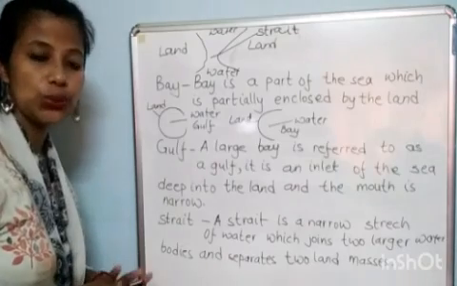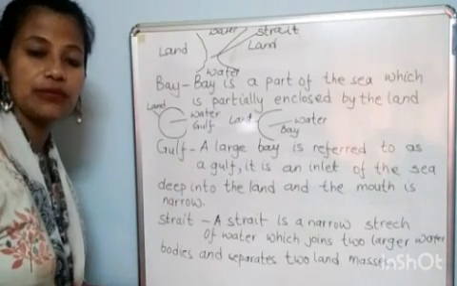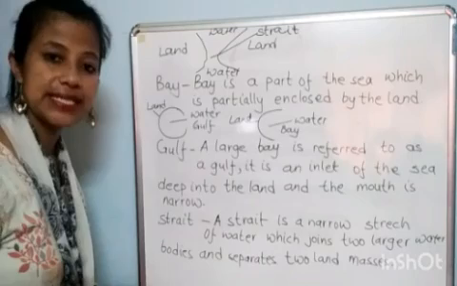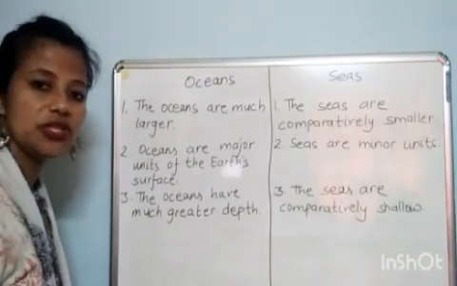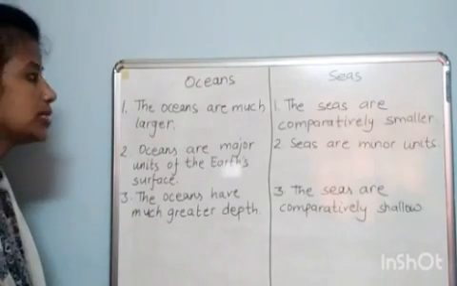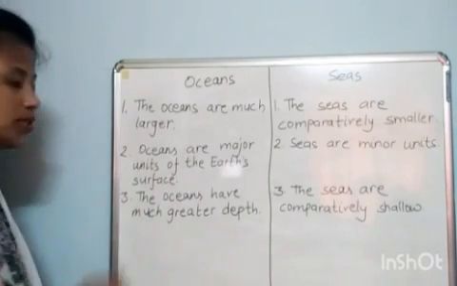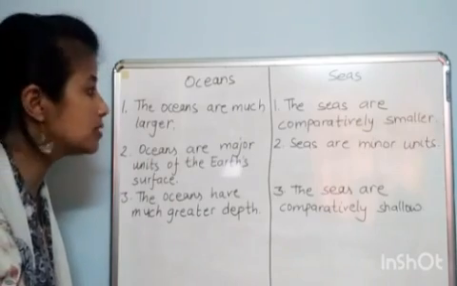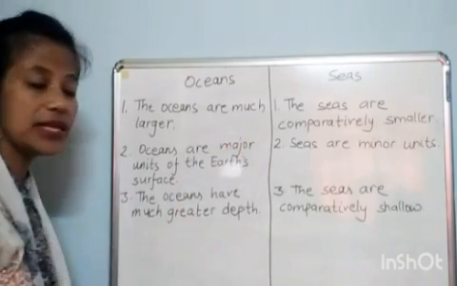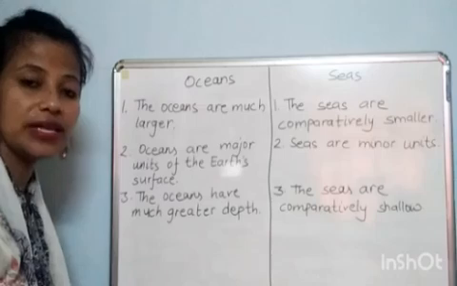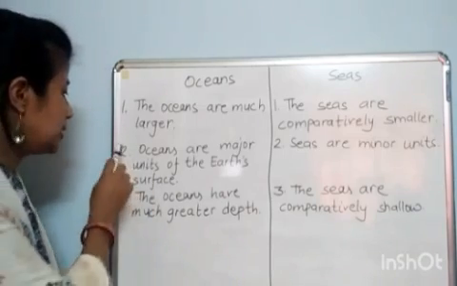Now let's differentiate between oceans and seas. The oceans are much larger. The seas are comparatively smaller than oceans.